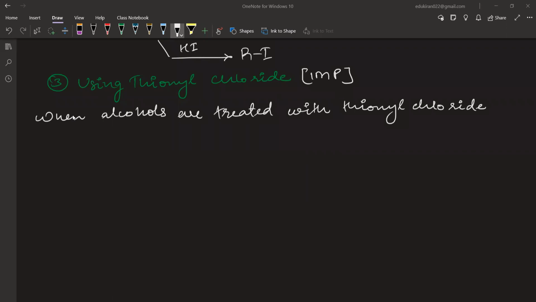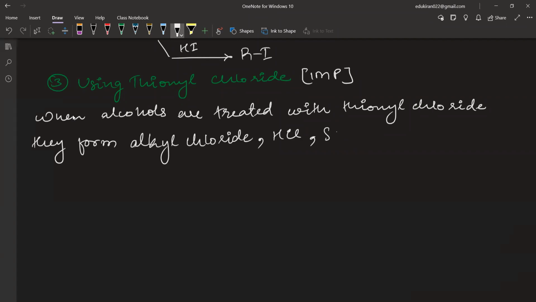They form alkyl chloride, HCl, hydrochloric acid, and sulfur dioxide, SO2.